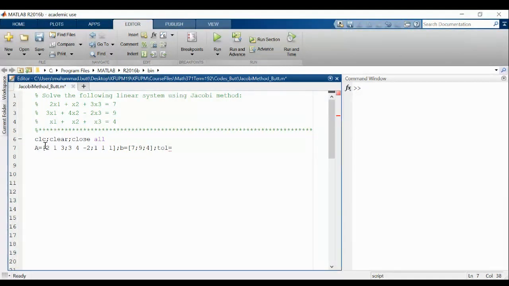Whichever tolerance you want, for example 2 decimal places, and the number of iterations you can say like 50. Okay, and then you start from the initial guess x. You say x is a column vector. To start a column vector, it is like this.